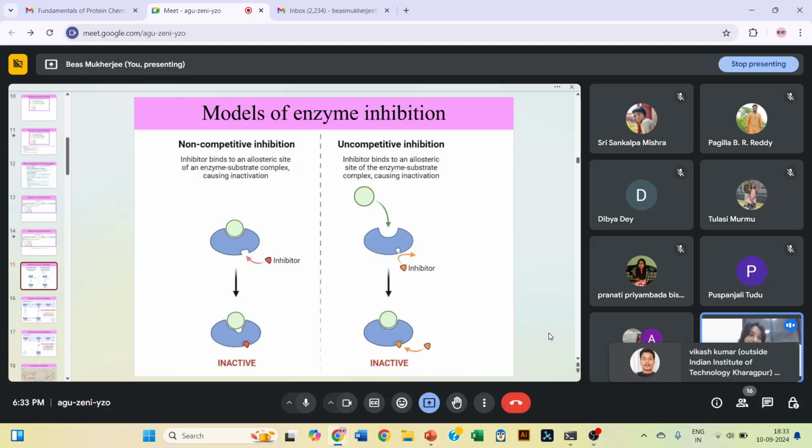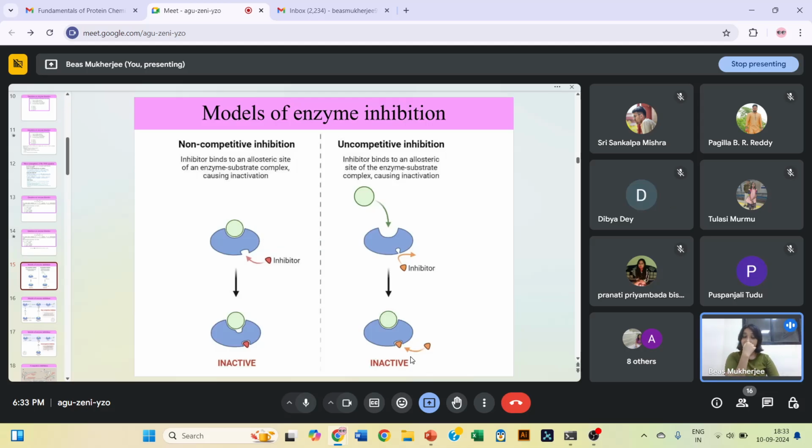In uncompetitive inhibition, the inhibitor goes and binds to a different region. Let's say it is binding here. It is binding to a different region compared to the enzyme substrate binding site, and it is only binding to the enzyme substrate complex. If you see this figure, the orange one is the inhibitor, and it is binding to the enzyme substrate complex and rendering the enzyme inactive.